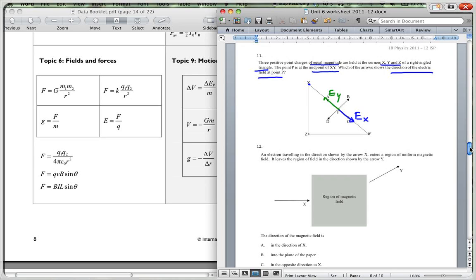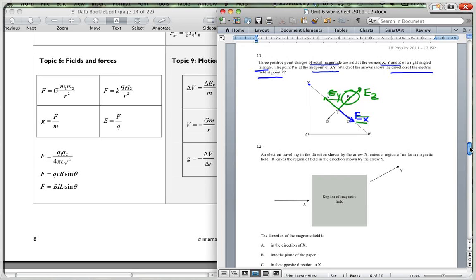And because they are going in opposite directions, since P is a midpoint and these are of the same magnitude, Ex and Ey will cancel each other out. And so you're just left with the electric field due to z, and that's going to be out like that. That will be Ez. So B would be your correct one there.